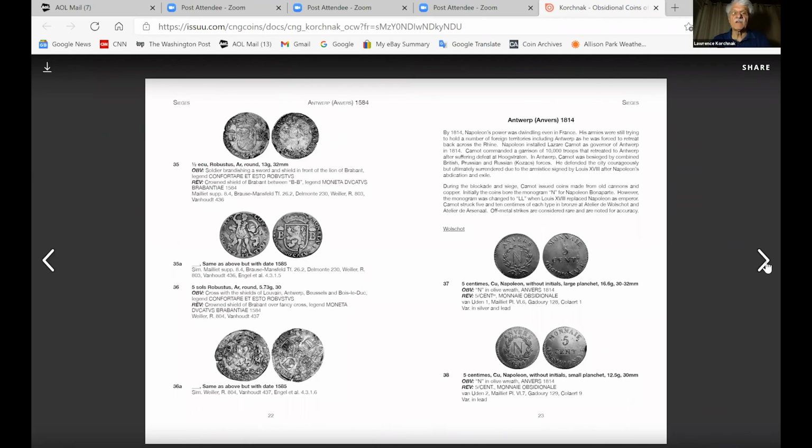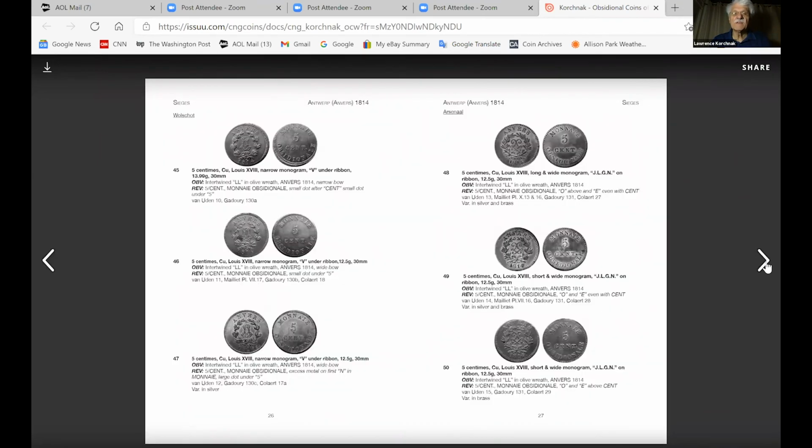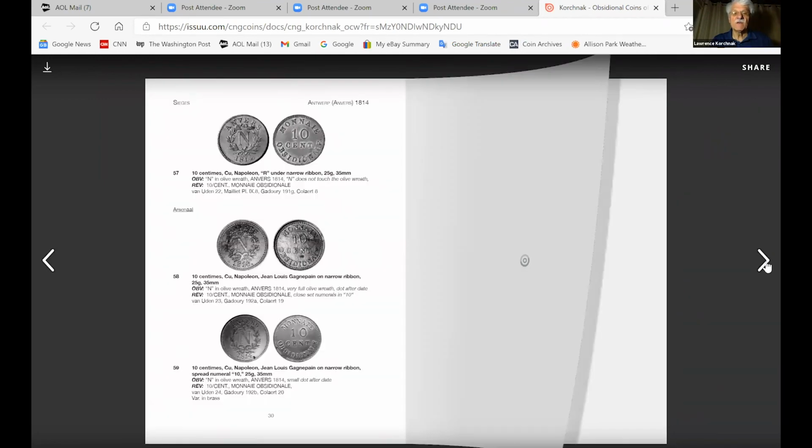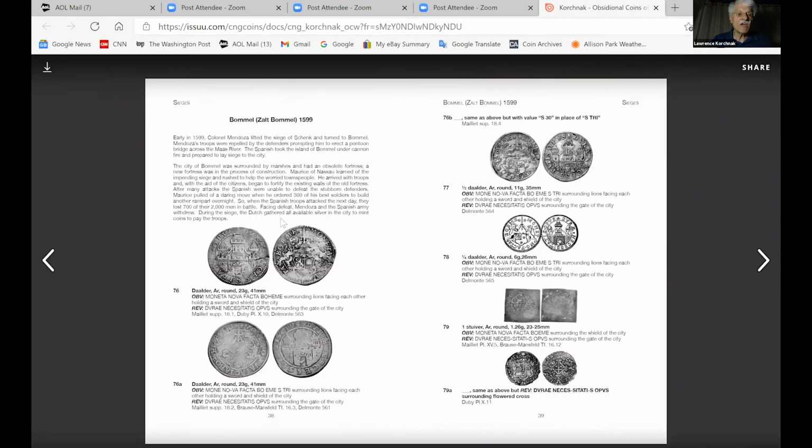These are the Antwerp pieces of 1814, the 32 varieties, and they were nice. Then you go back and you have other ones like Berg op Zoom or Bommel, which had time to actually make coins that look like the large pieces of the time. They minted them, and because of necessity, had to make them in necessity condition.